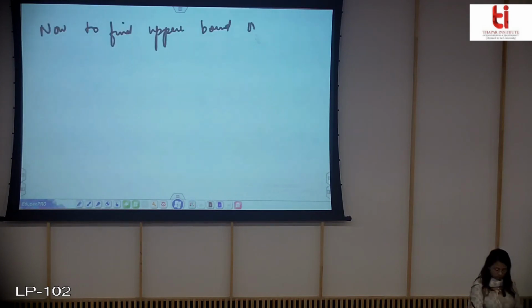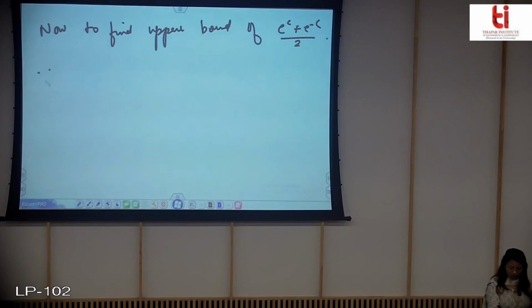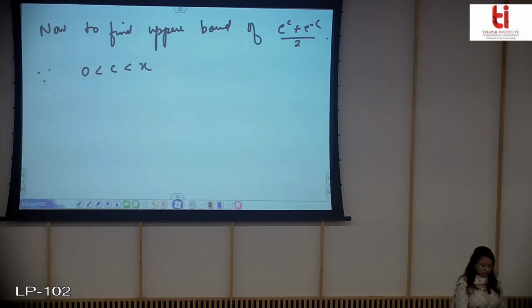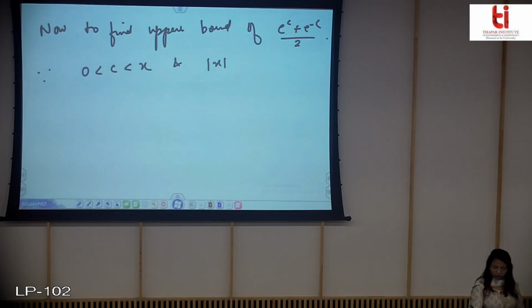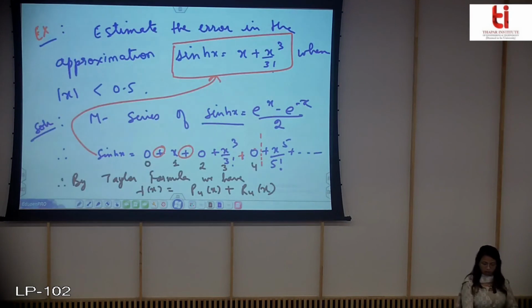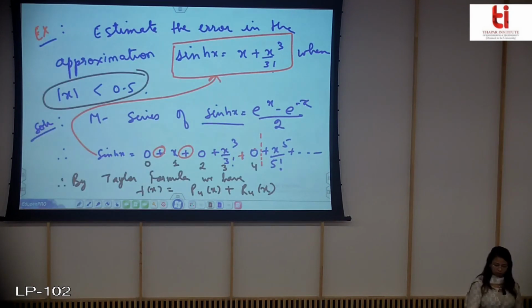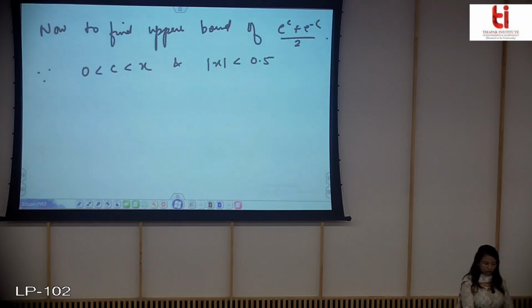Now, to find the upper bound, since you know that the value of c should be between 0 and x, as you have done in the theorem, and mod of x is given in this question, so mod of x should be less than this. So what will you get?